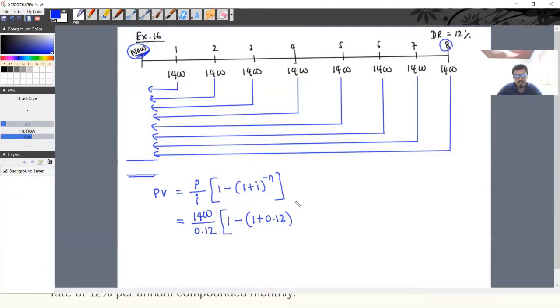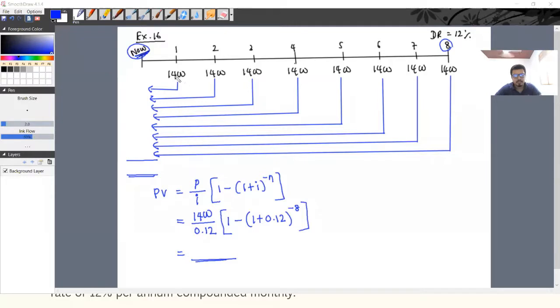It should be minus 8, since it is minus n. So what should be the answer? I got one answer: 6,954.69. Is it correct?